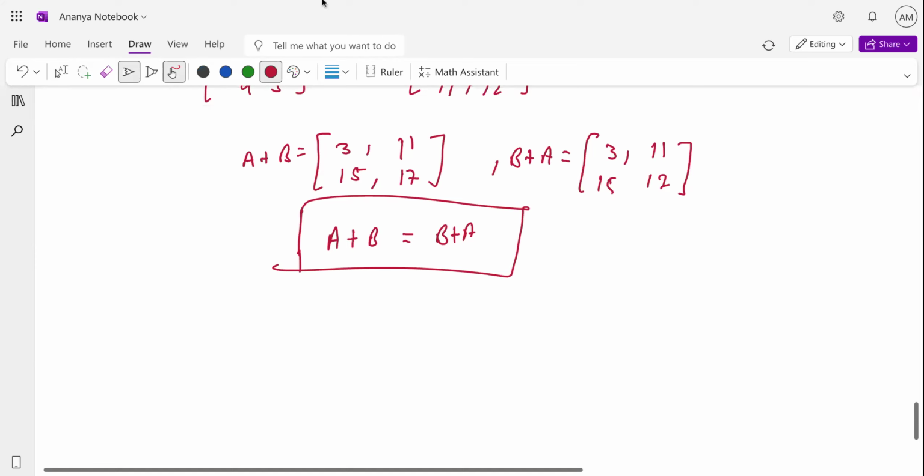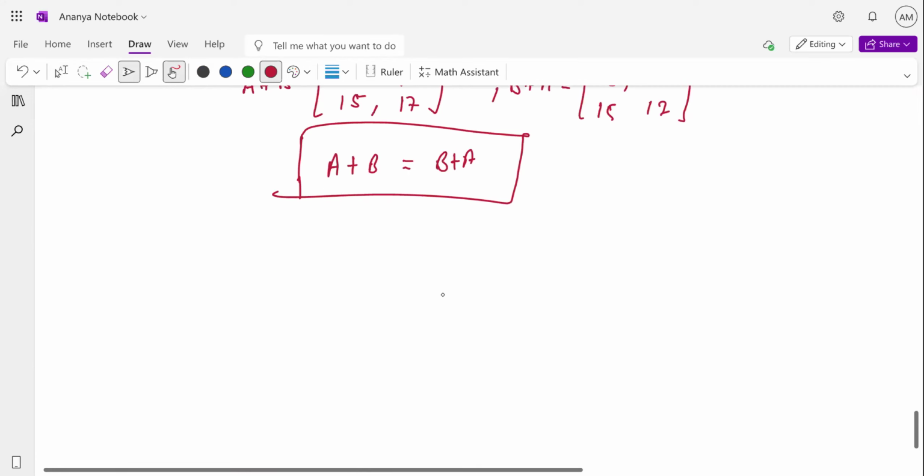Let's come to the next thing. What is that? Multiplication of the matrix. This part you have to understand a little bit carefully. So this is multiplication.